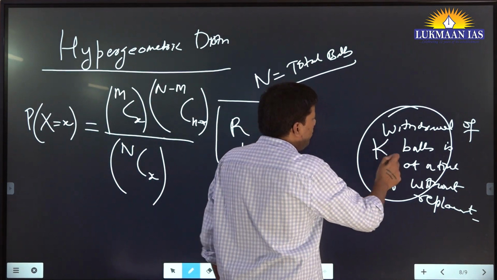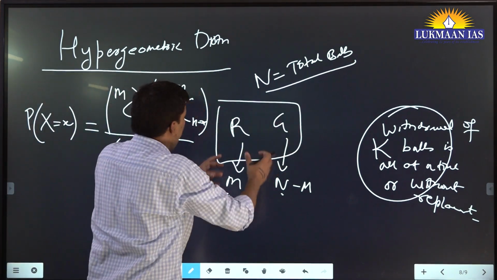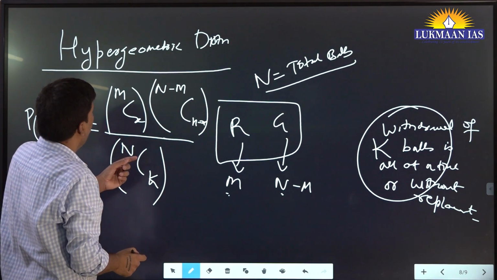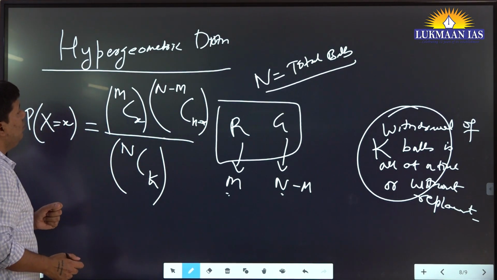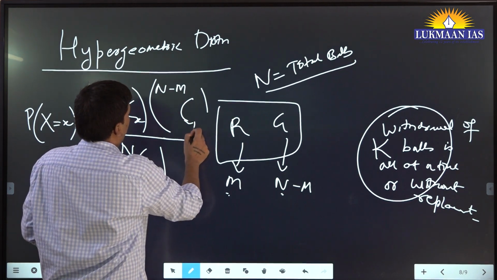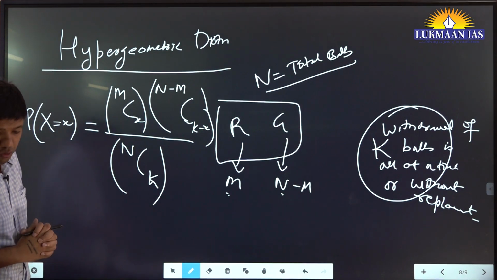Just a matter of notation. You are withdrawing k balls out of this pack, and they are looking for the probability that it will be k minus x. Let me check once again. Yes, now it is fine.